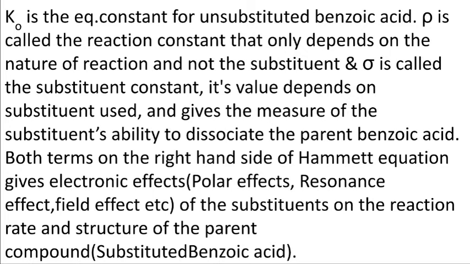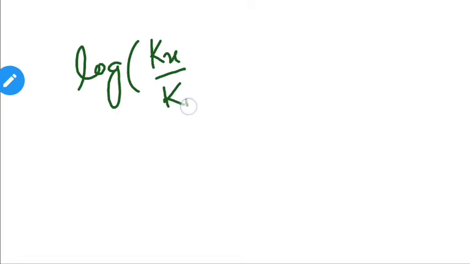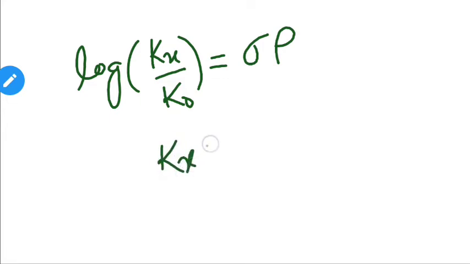So what is said here, let us understand it. The Hammett equation is given by log kx by k naught, which is equal to sigma rho. Here kx is the equilibrium constant for substituted benzoic acid.